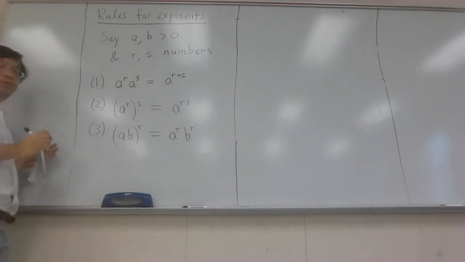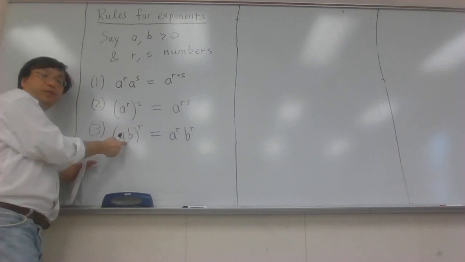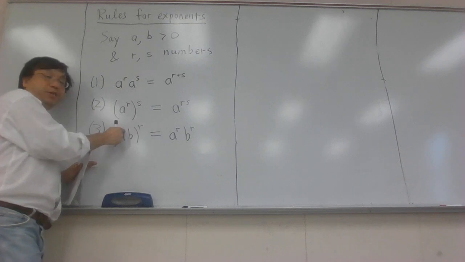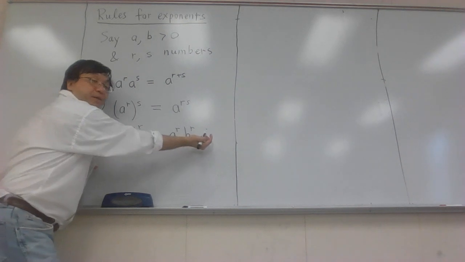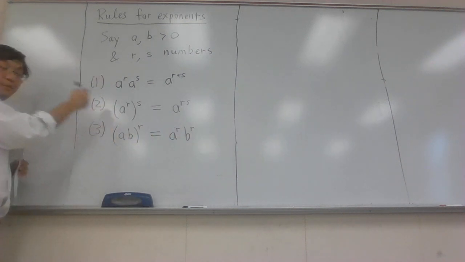So this rule says that you can distribute this exponentiation over this multiplication. So this is the same as a to the power of r times b to the power of r.